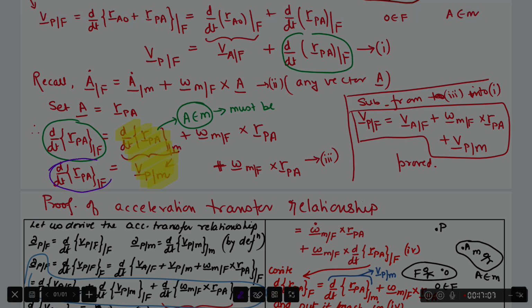Substitute this quantity from 3 into 1 and you arrive at Vpf equals VAF, which comes directly from here, plus these two terms which I just derived in 3: omega mf cross RPA plus Vpm. This is exactly what I presented on the previous slide as the velocity transfer relationship. This completes the proof.